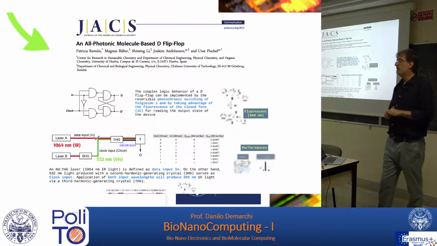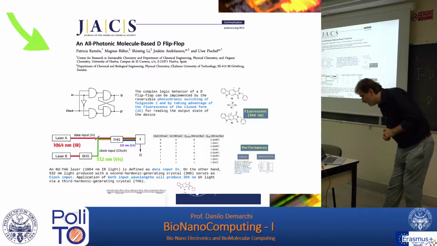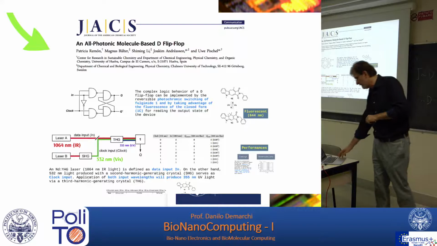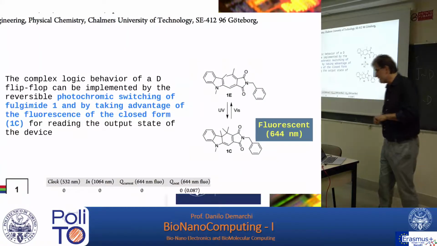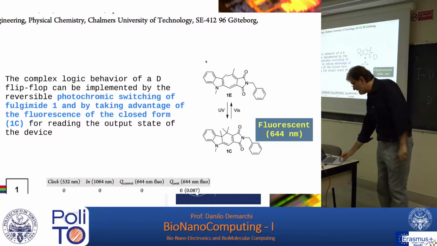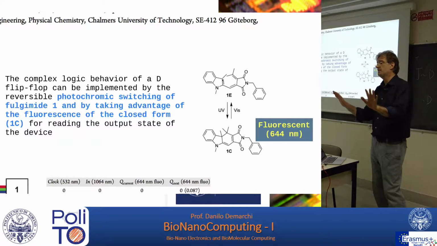For a flip-flop, it was published a few years ago, and it is based on this molecule, this organic complex, that has this behavior. When I illuminate my complex with visible light, it goes to a state named 1E that is not fluorescent.